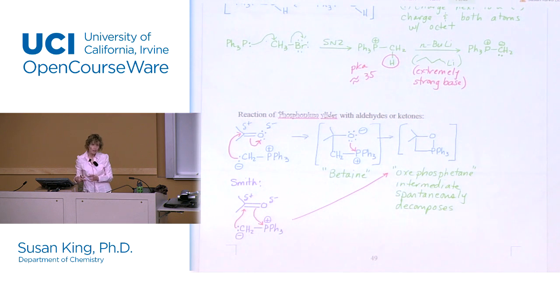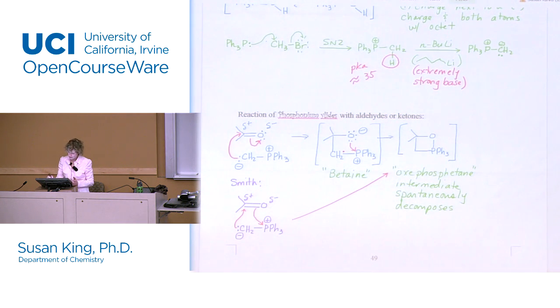And it turns out, depending on what type of Wittig reagent that you have, these two mechanisms actually can be operating. Okay, so it depends on what your Wittig reagent is. And it is in this step right here whether you determine whether you have a Z or an E alkene as your product. Okay, so it's more complicated than you're being presented in the lab. Okay? So that's what happens there.